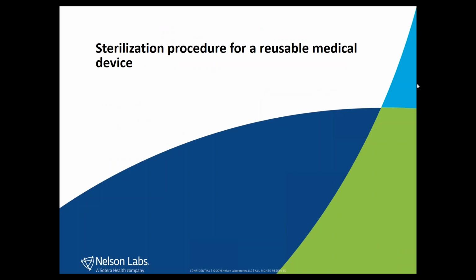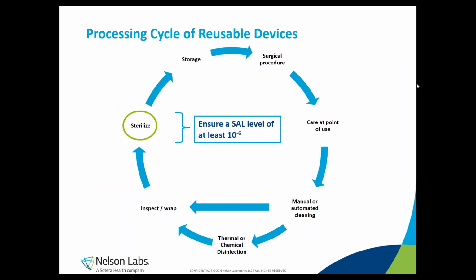Many reusable devices are sterilized after cleaning and disinfection, or even immediately after cleaning, depending on the type of device. The purpose of sterilization is similar to that of disinfection to some extent. Both techniques have the purpose to lower the amount of microbes on the devices, and both actually do this by killing.